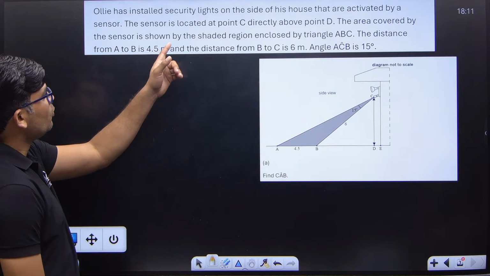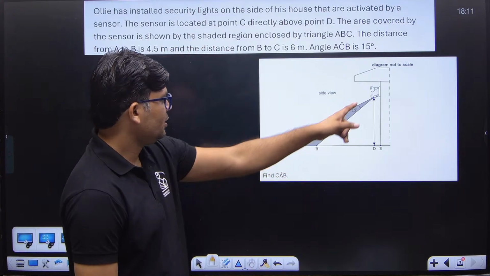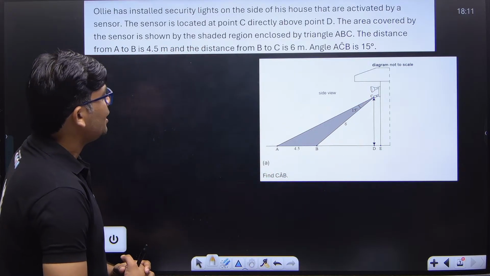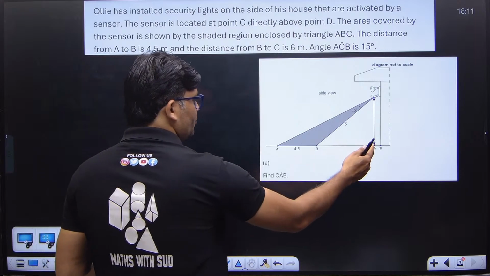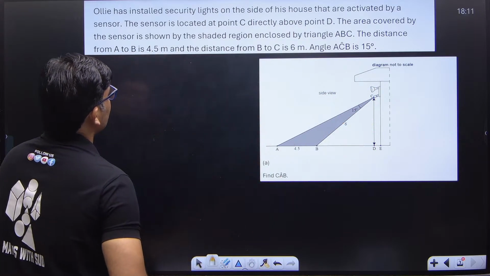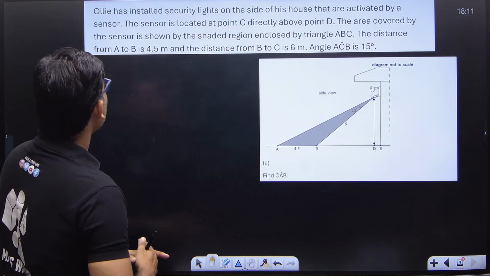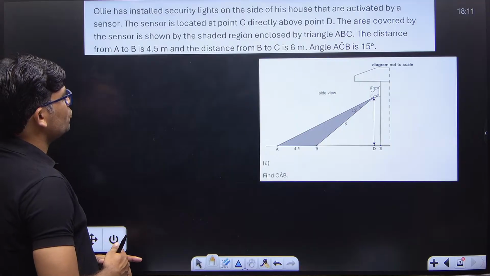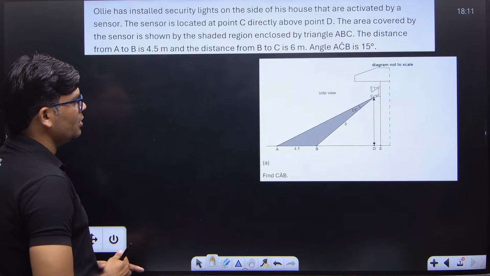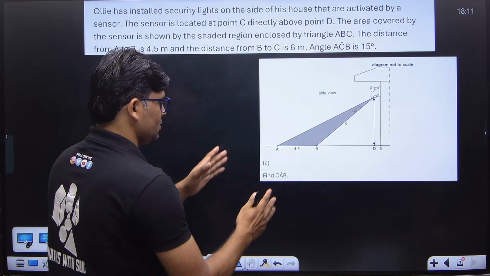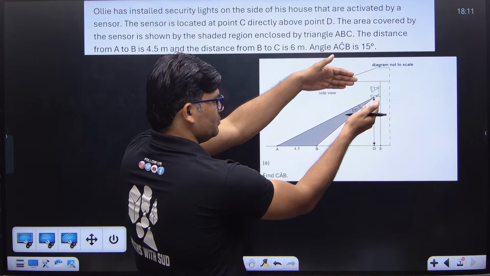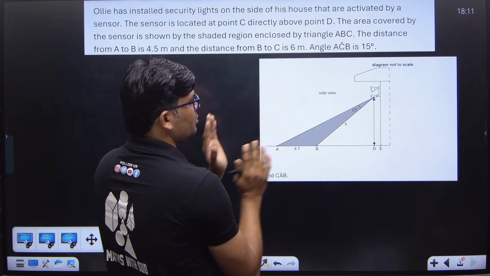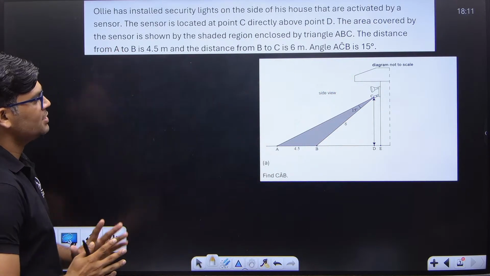The sensor is located at a point C, directly above the point D. The area covered by the sensor is shown by the shaded region enclosed by the triangle ABC.